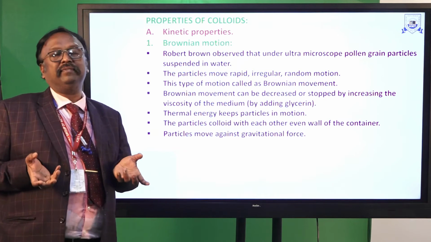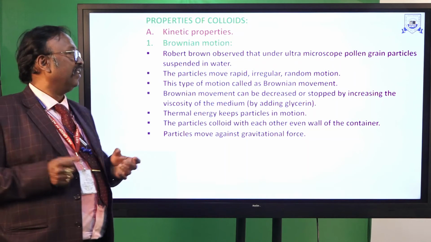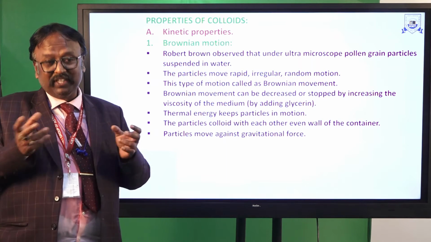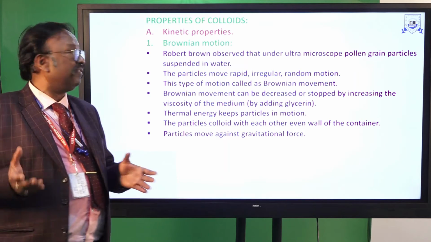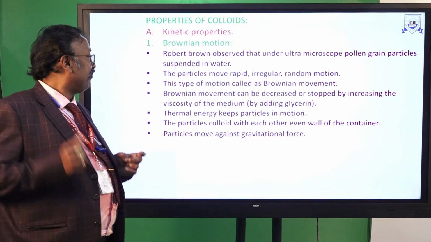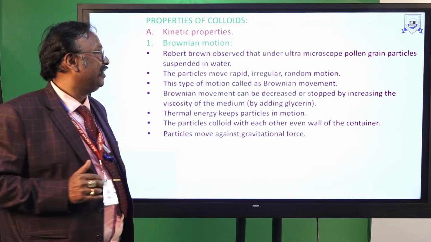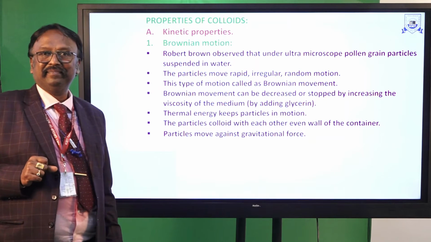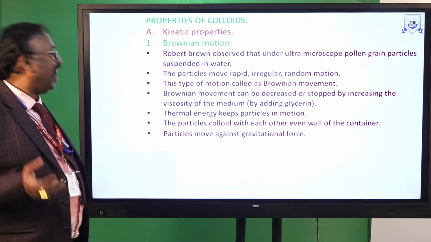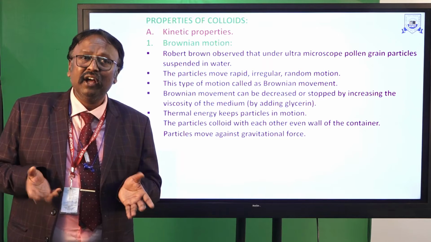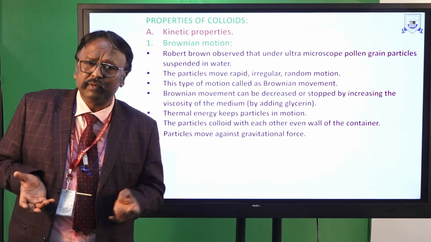Brownian movement can be decreased or stopped by increasing the viscosity of the medium. If the viscosity of the dispersion medium is increased, the movement of the particles can be stopped. How are we going to increase the viscosity of the dispersion medium?